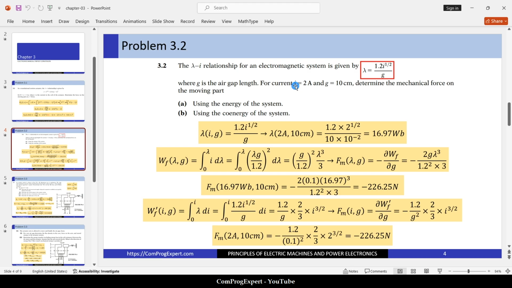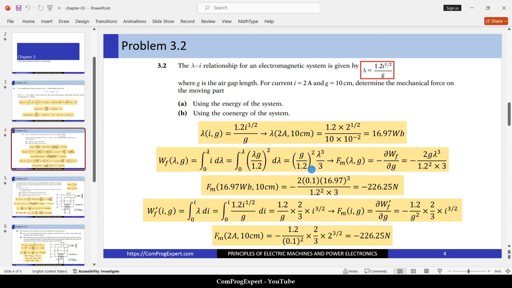So this is important. Here, if we use the energy formulation, we can write energy is a function of the flux linkage and gap, the integral from 0 to lambda of i d lambda. You can replace i from this equation, and that is lambda times gap divided by 1.2 to the power 2.